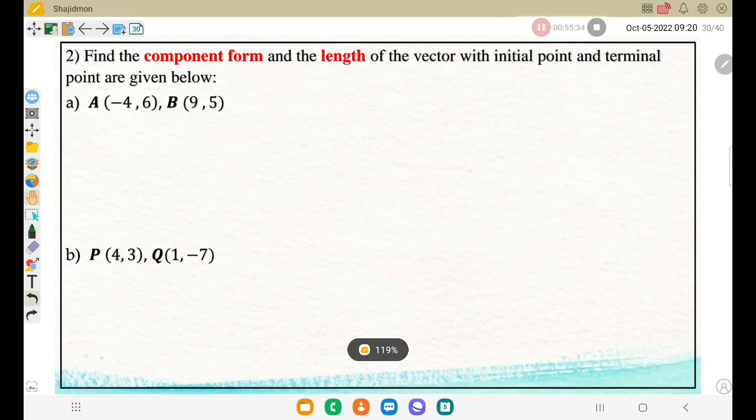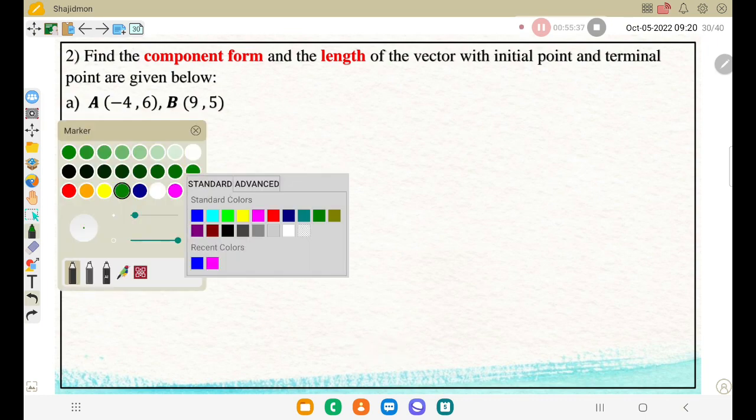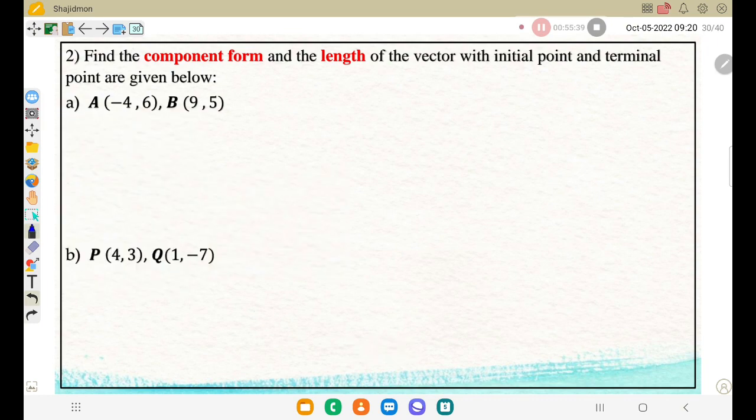Find the component form and length of the vector. Initial and terminal points are given. Component form we discussed: we need to calculate the x value and y value. Length means we need to calculate the magnitude of v, or absolute v, the length of the vector. So first we do the component form.